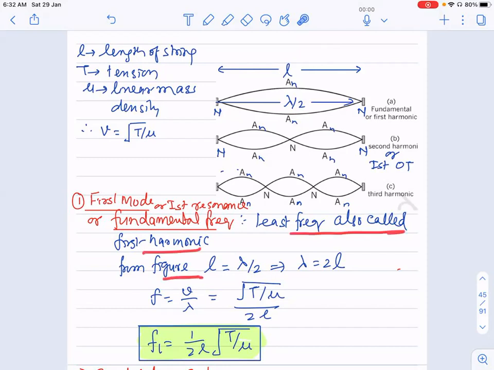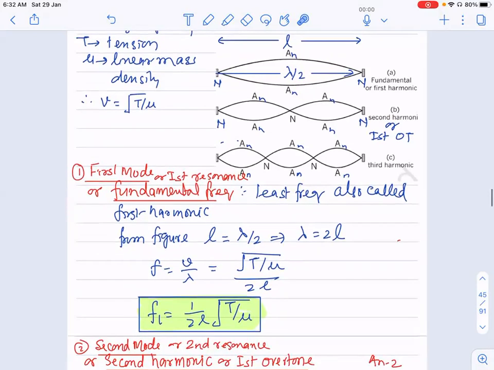From the figure we can see that in the first mode, length is equal to lambda by 2. Looking at this diagram, lambda is equal to 2L. We know the formula, frequency is equal to V by lambda. V is under root of T by mu, and we put lambda from here.